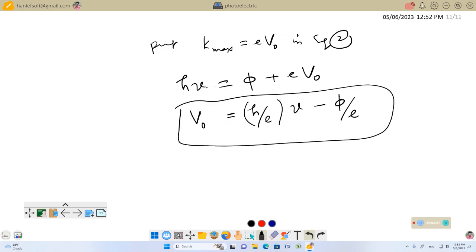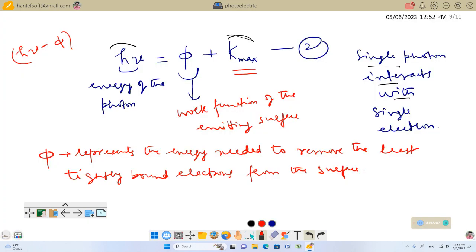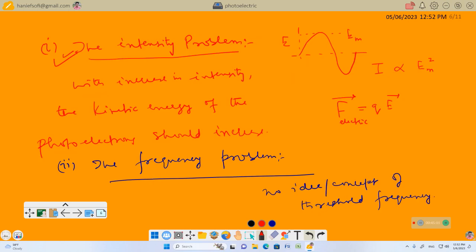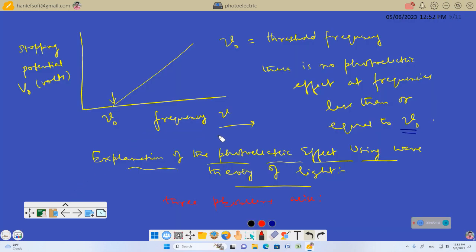You take this phi to the left side, it equals h nu minus phi, then you divide by e, it equals h by e times nu minus phi by e. Let me name this equation 3. Now understand this. This is the equation of a straight line, stopping potential versus frequency. You can see from the experimental findings that stopping potential is linearly related with frequency.